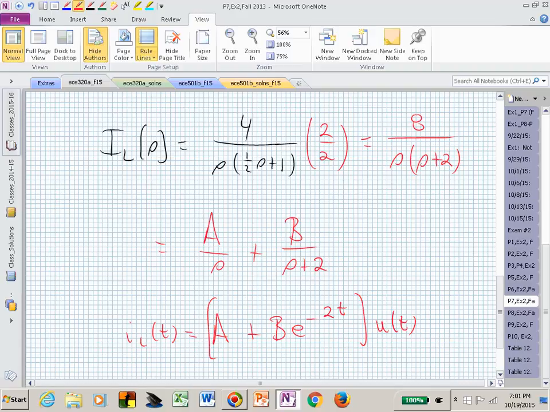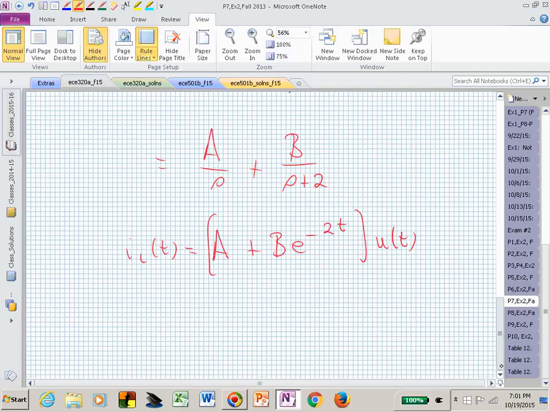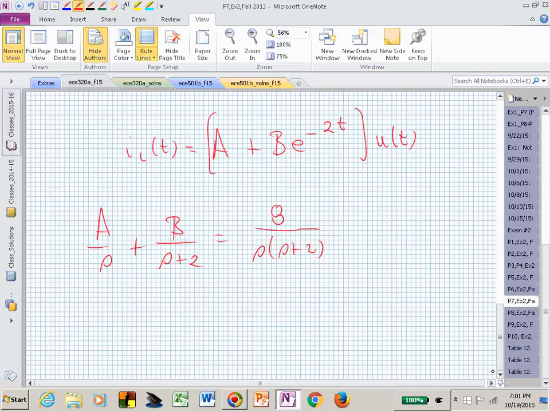And in this case, you could solve for A. You know how to do that. Multiply both sides by s and let s equal to 0. You now have A over s plus B over s plus 2 equaling 8 over s times s plus 2, so that A is now 8 over 2.